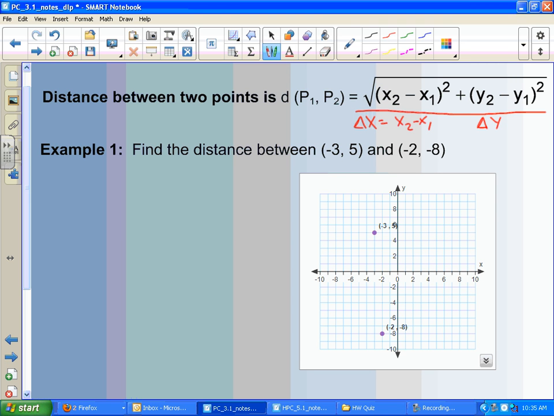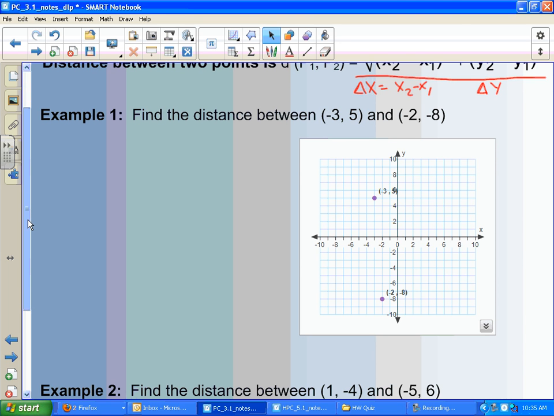So these two points actually create a triangle. It's kind of a hard one to see, but in terms of an x difference, I have between here and there the difference in my x's from one point to the next.